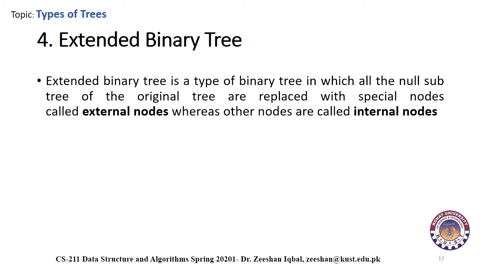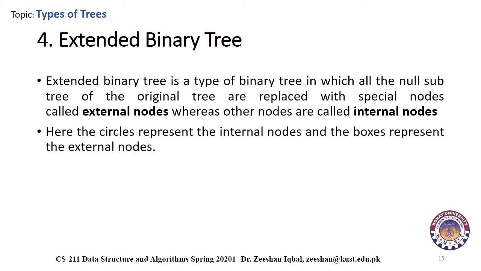This transformation consists of replacing every null subtree of the original tree with special nodes. The nodes from the original tree are then called internal nodes, while the special nodes are known as external nodes.